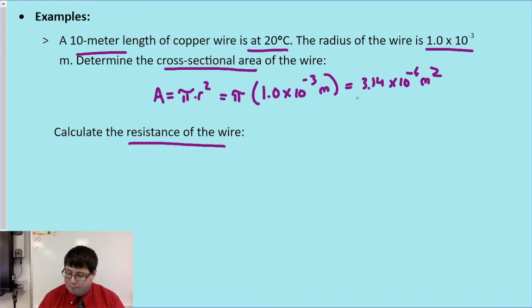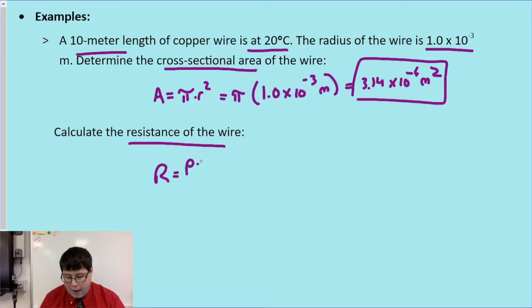Now we're going to need that below because to calculate the resistance, big R, is equal to rho times L divided by A. Now this is for copper. And so if we look up the resistivity of copper in our reference table, it's 1.72 times 10 to the minus 8th ohm meters. That's going to be times our length, which is 10 meters.